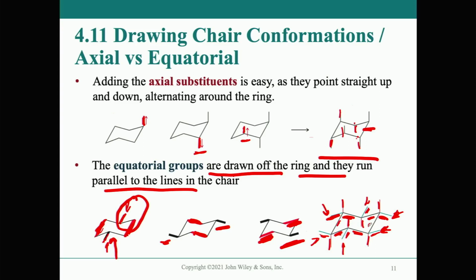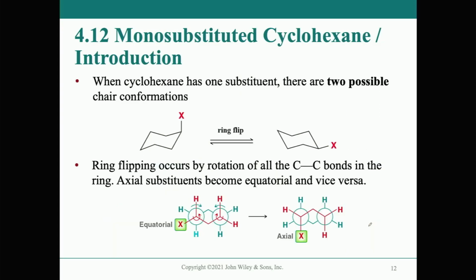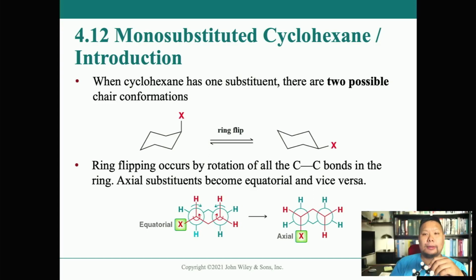All right, next. Monosubstituted cycloalkanes. What is a monosubstituted cycloalkane? It is a cycloalkane that has one of these hydrogens replaced with something else.